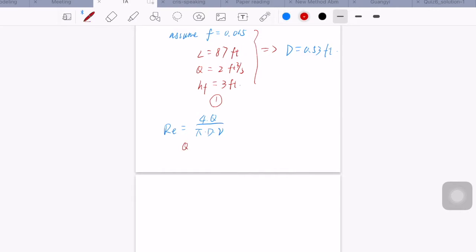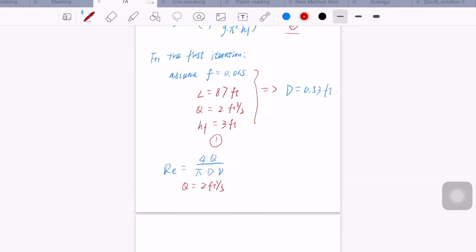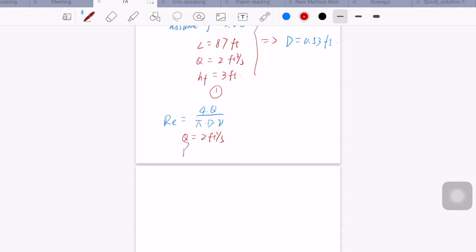And we know the Q is 2 cubic feet per second, and the D is 0.53 feet.